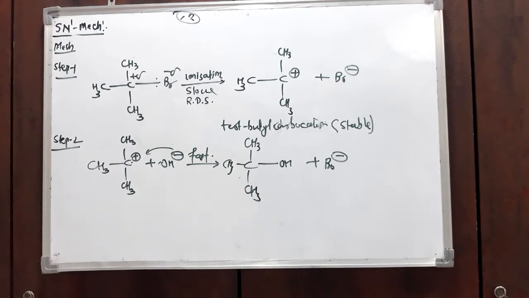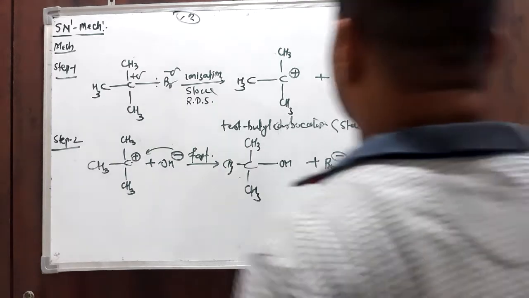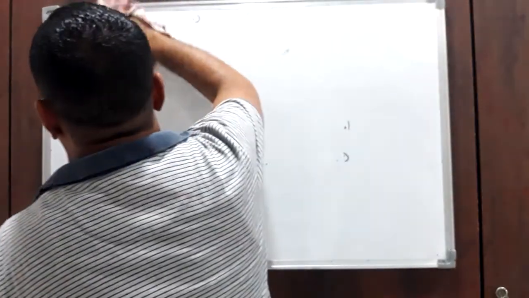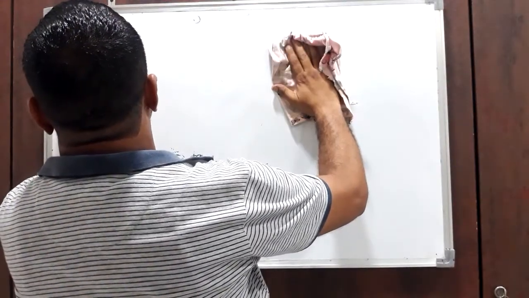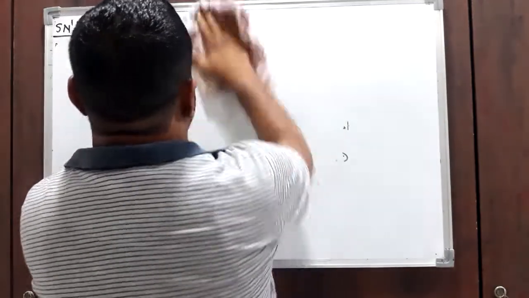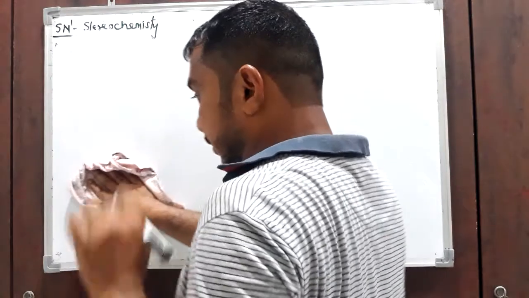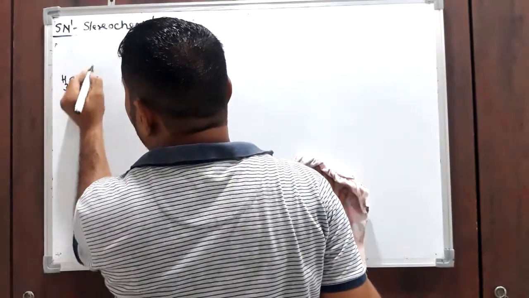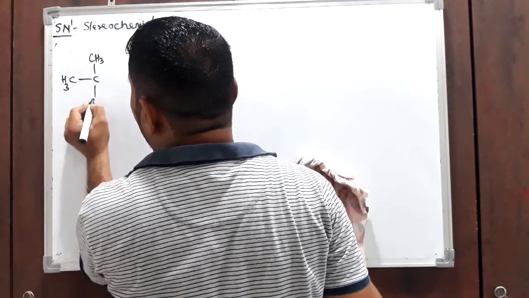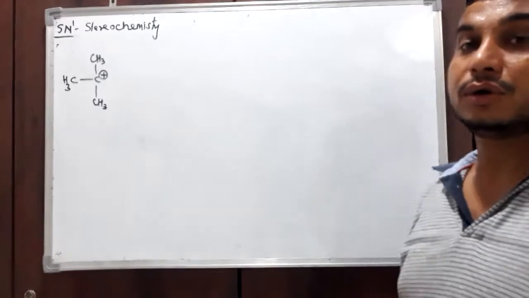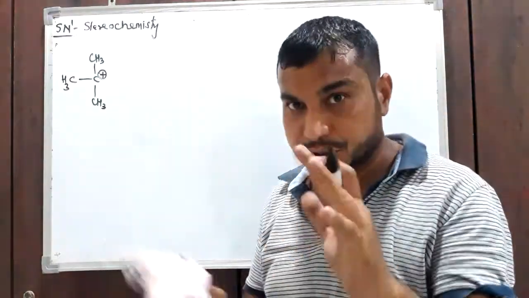Now stereochemistry of SN1 reaction. See, we know in SN1 reaction there is formation of carbocation. This type of carbocation forms during SN1 reaction in step 1.